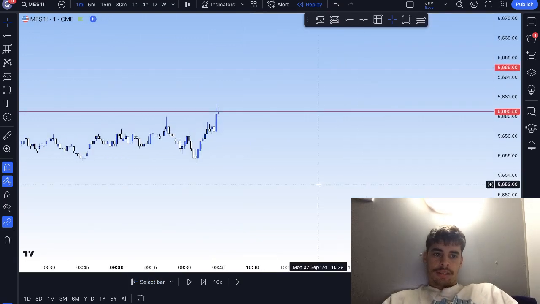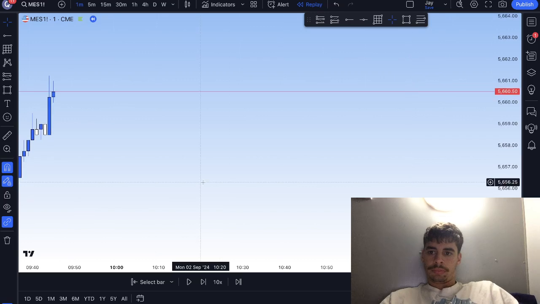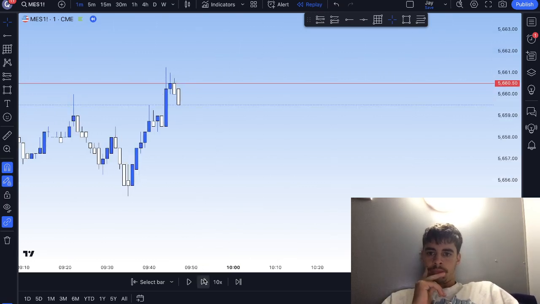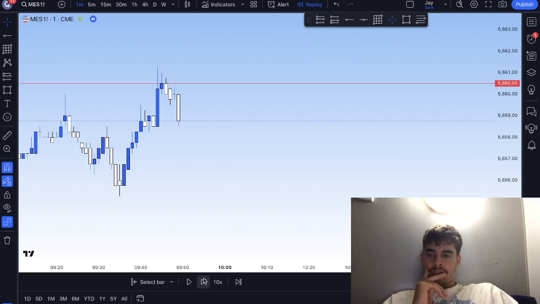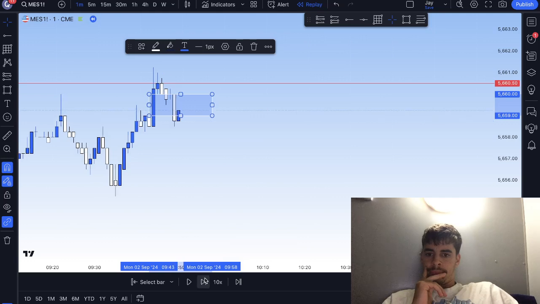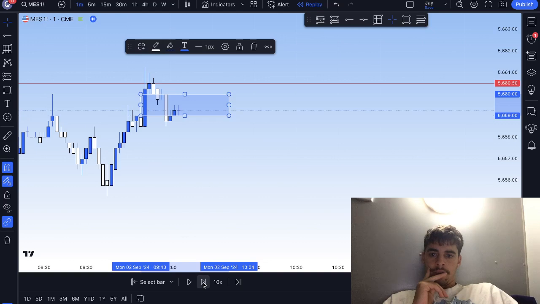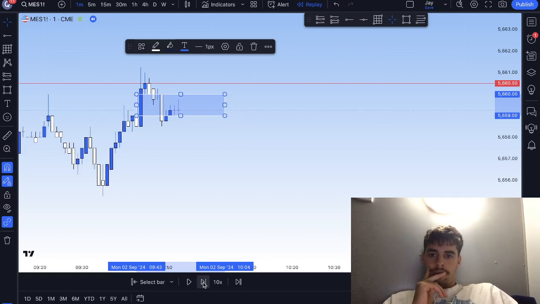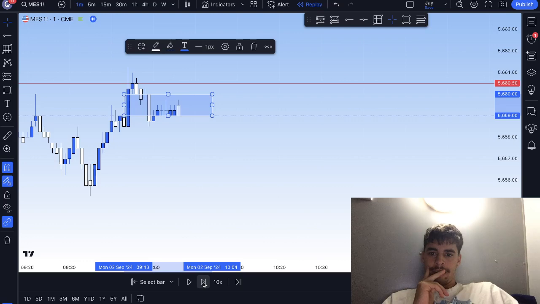So market open takes these hourly highs. We get an inverse fair value gap. Market revisits, creates a fair value gap, touches into the fair value gap, fills it deeper, kind of floats around it.